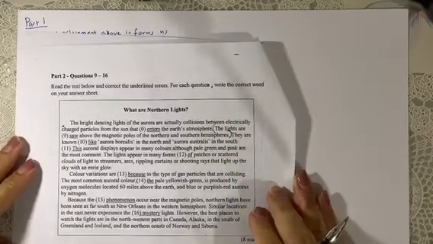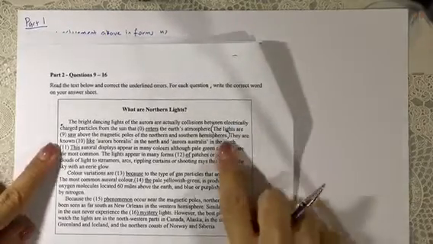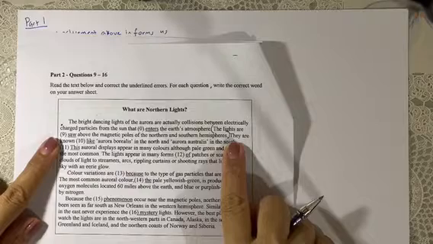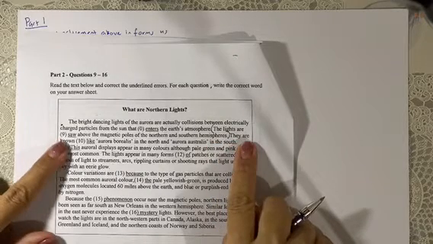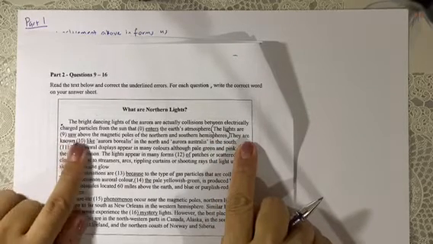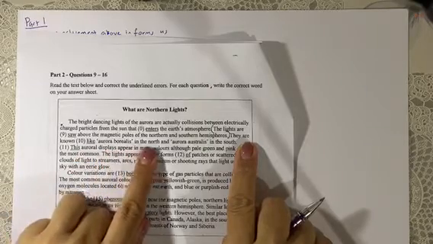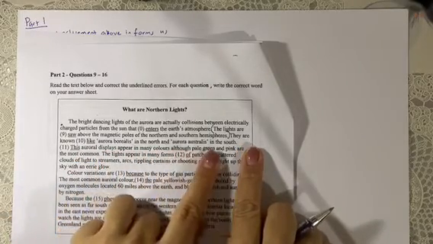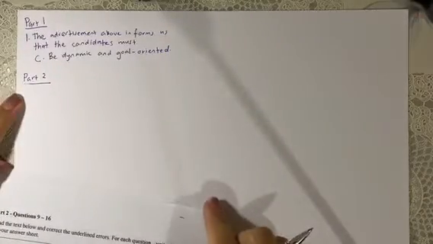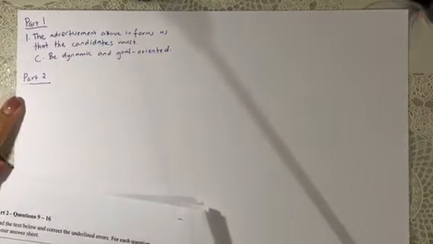The whole line for question 9 is, the lights are 9, saw above the magnetic poles of the northern and southern hemisphere. Copy that right under part 2. I'm going to do this one for you.